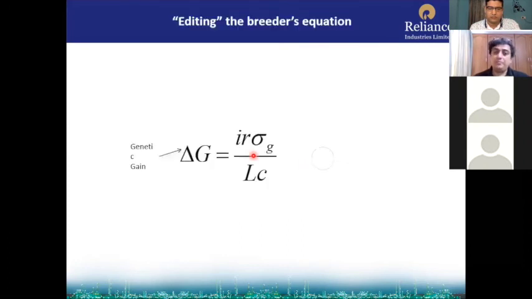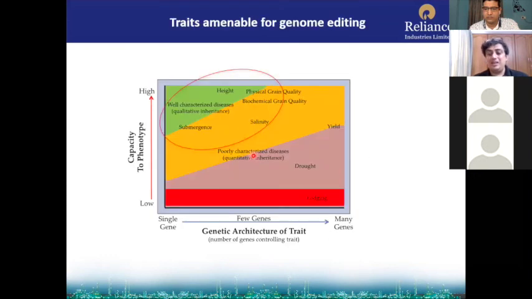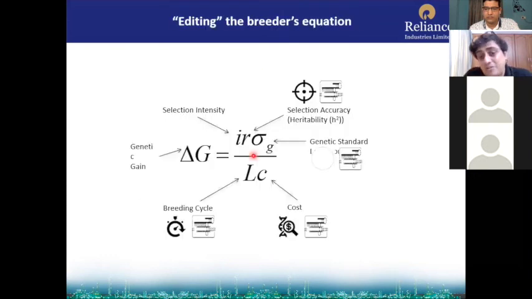So now, if you see this equation, this is basically the breeder's equation for genetic gain. Whatever way you do breeding, or whatever way you do genome editing or backcrossing, you use this formula of genetic gain.